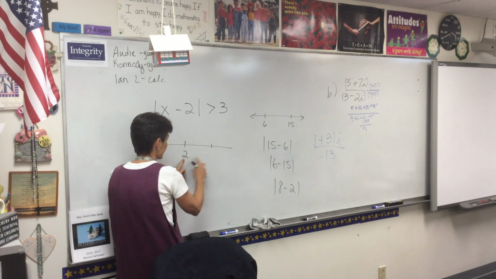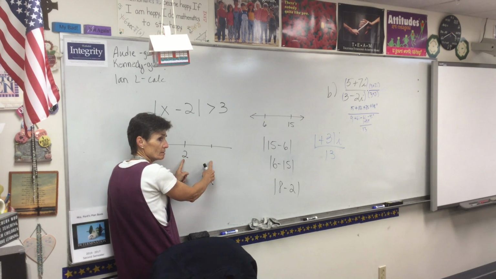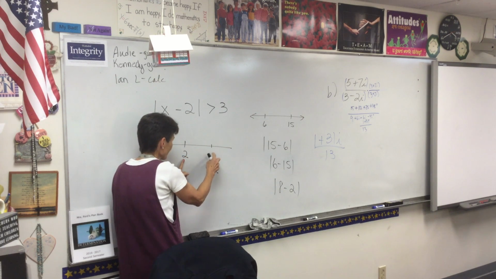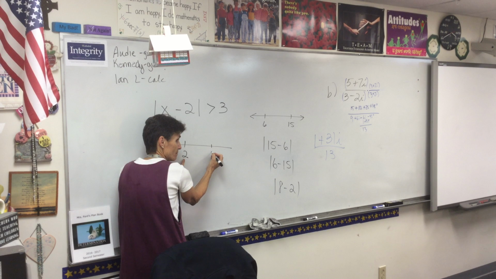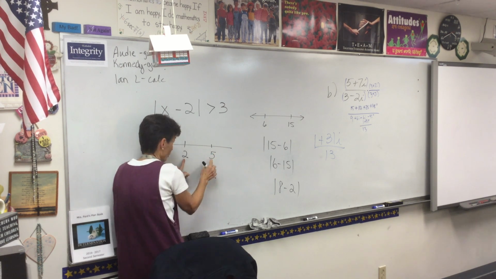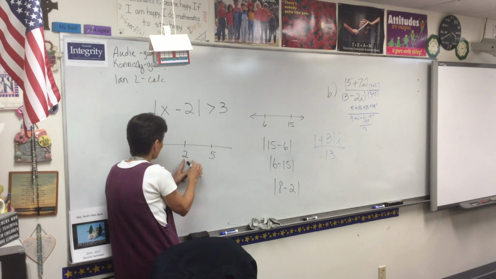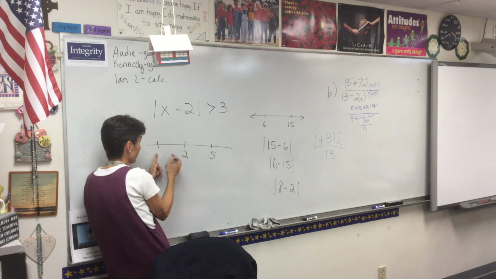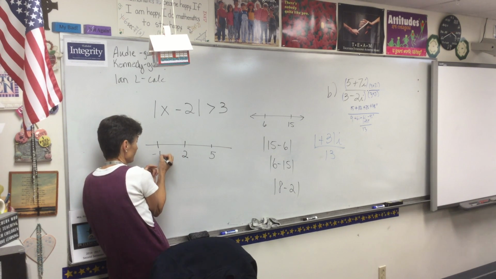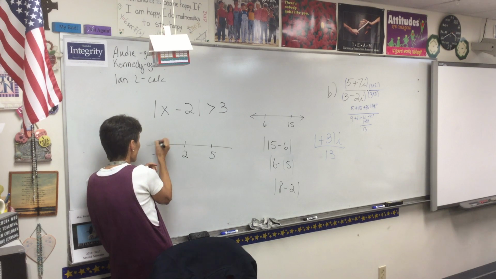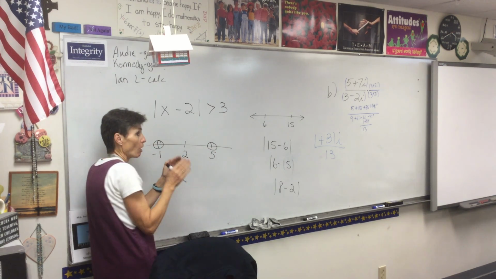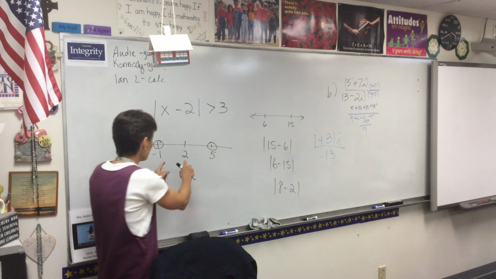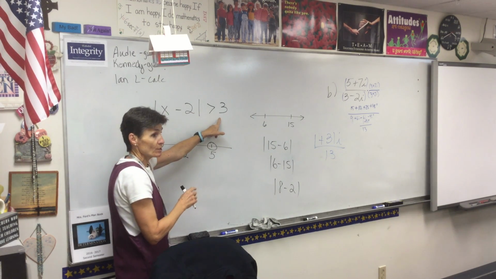If that distance has to be 3, where is this number? If that distance has to be 3, this number would be 5. Aren't those 3 apart? And what if I put the number back here, though? If these have to be 3 apart, this would be -1. So those two numbers are the boundaries. These are exactly 3 units apart.